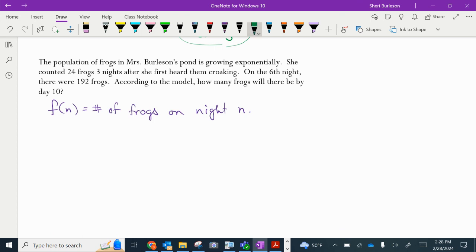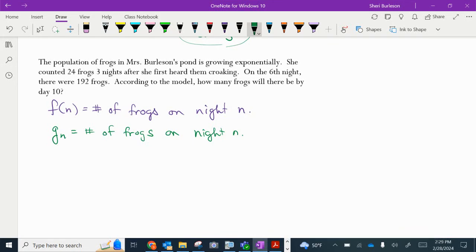How many of you used sequence notation to write this up? Okay, so here you would define this to be the number of frogs on night n. Which one's better? Doesn't matter. Okay. You can do this problem either way.